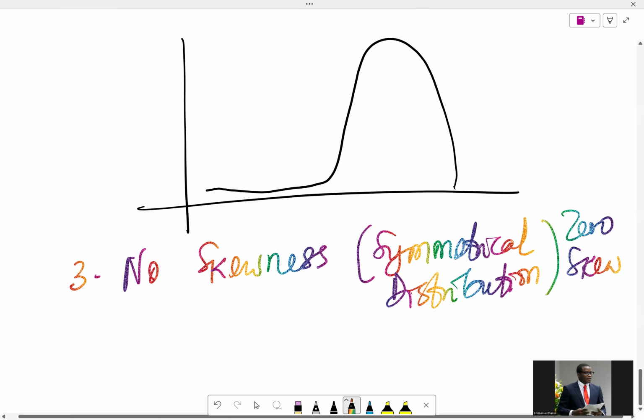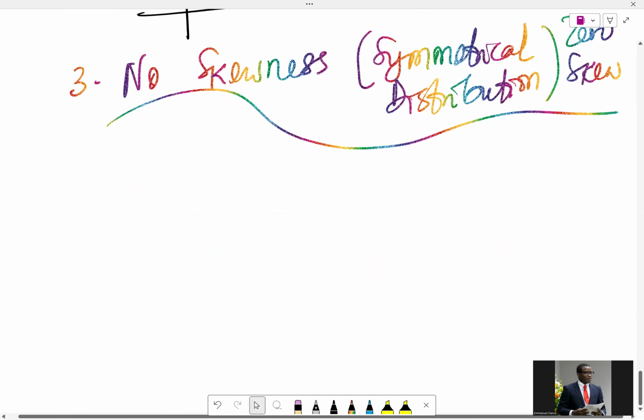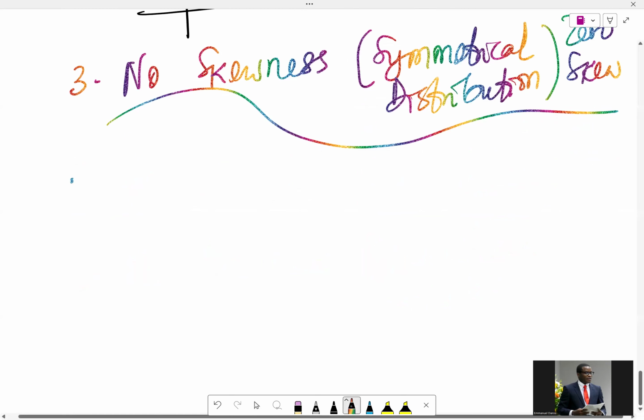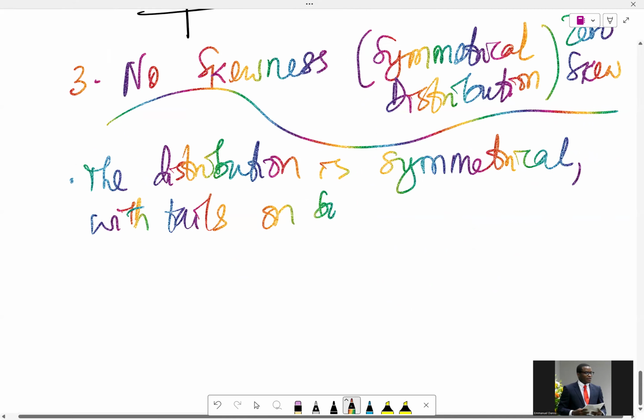In that case, the points are like this. The distribution is symmetrical with tails on both sides being of equal lengths.